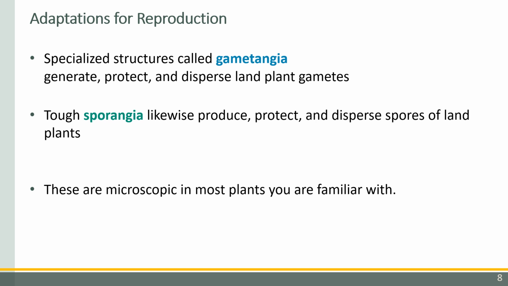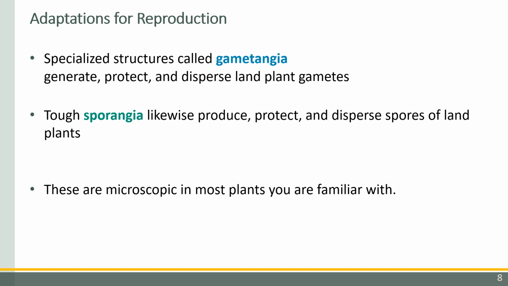All right, a couple more words. In the reproductive parts of the plants, we have something called gametangia. Gametangia are structures that help to generate, protect, and disperse plant gametes. So basically, these are just protective reproductive structures.